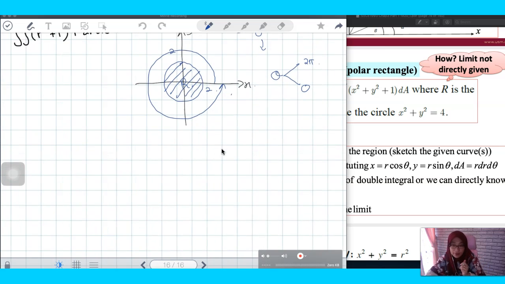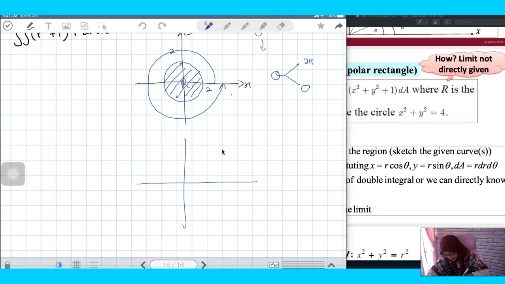Okay, how about if you have a semicircle? Let's say your region is a semicircle, just half of the circle with radius 2. So how about the limit of theta? As I explained, 0 to pi.